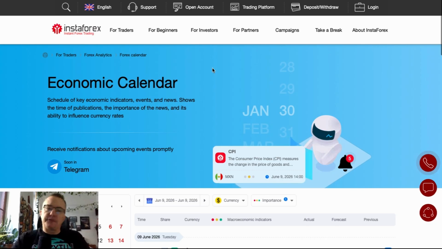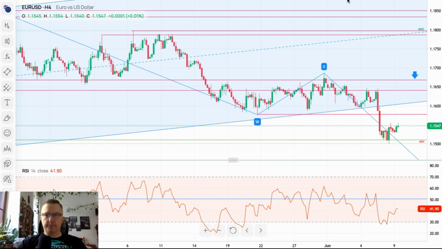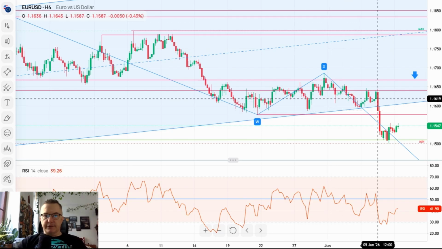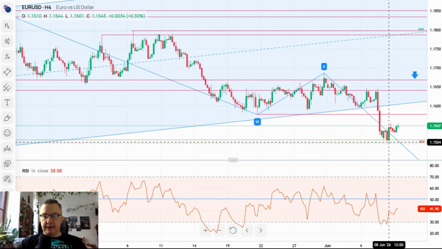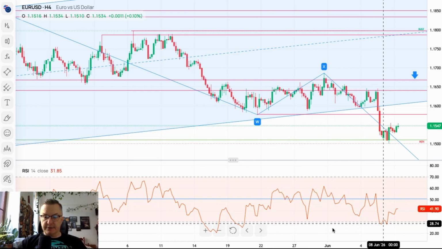Now, without any further ado, let's switch to the charts and we start with Euro-Dollar. On the Euro-Dollar 4-hour time frame chart, the price moved towards the level of 1.1501 and bounced, as you can see, a little bit higher from the extremely oversold conditions.